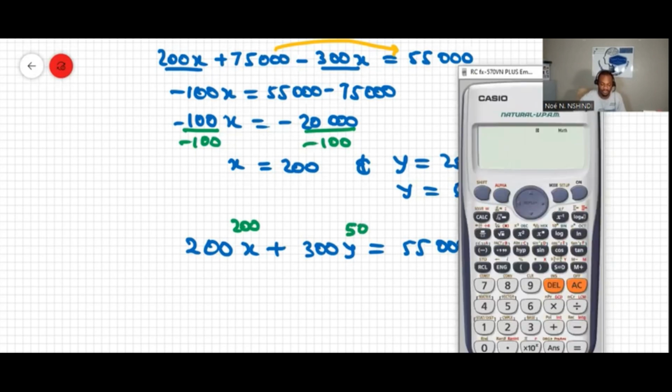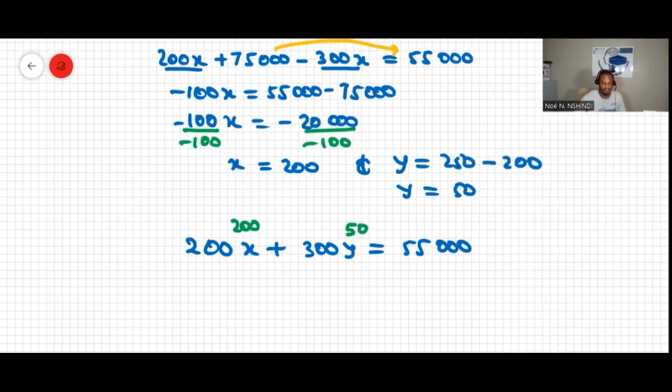So we say 200 times x, so I say 200 times 200, plus 300 times y, which is 50, and then check if this is 55,000. Yes, it is. So this means this answer x is 200, and y is 50.